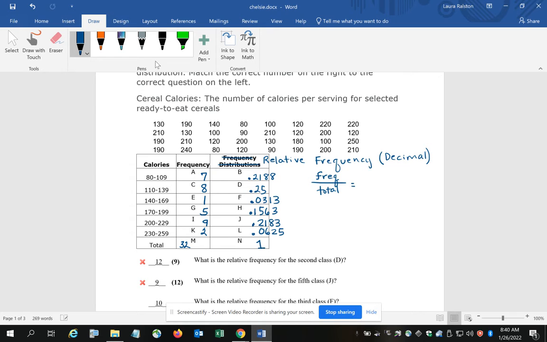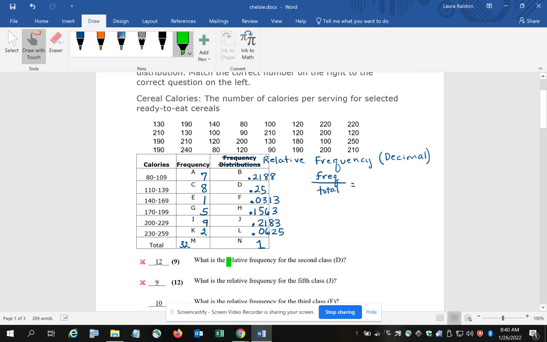Now, the letters are there just to help you, because the question then references the letter. For example, and I'm going to try to highlight these, it's important to pay attention to the words. The first question says, what is the relative frequency?